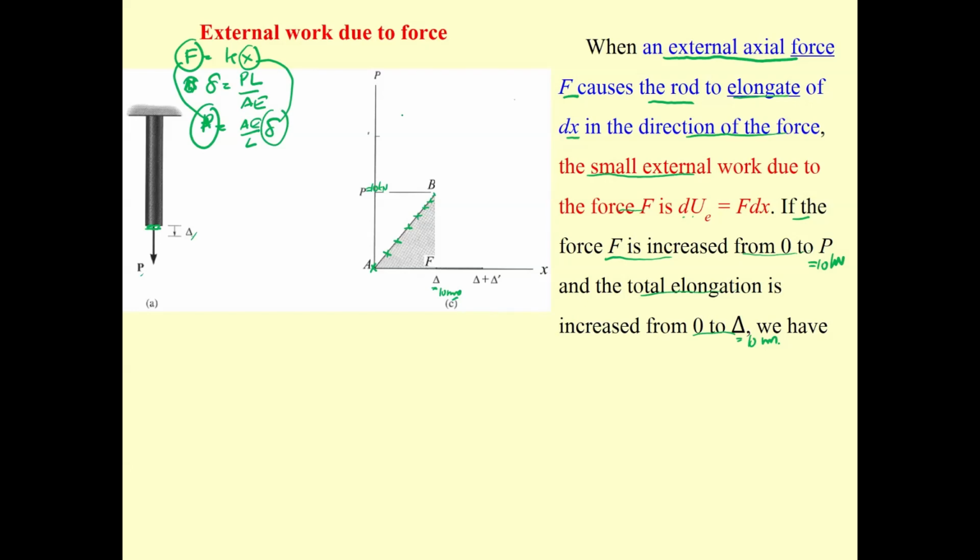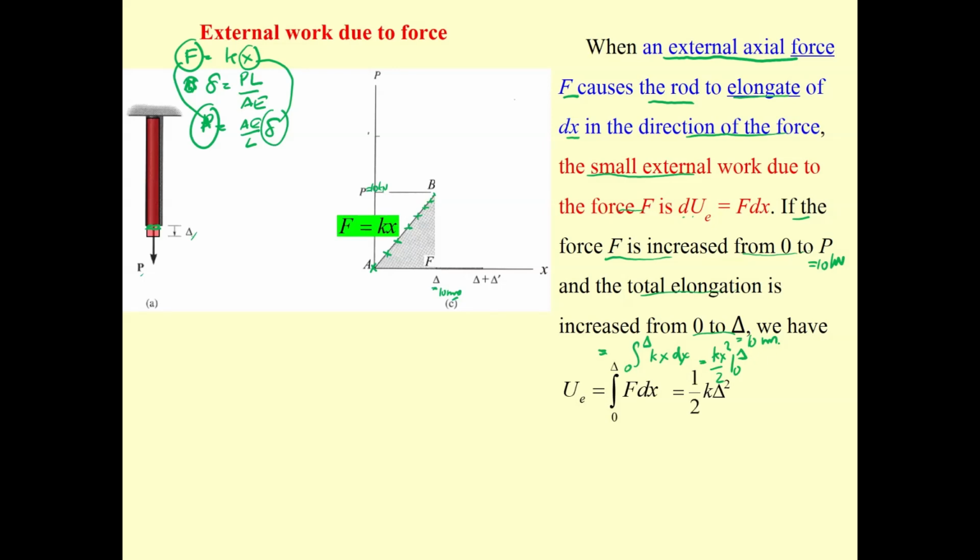Okay, so based upon that, for a typical one, F equal to Kx. Now this is going to be the integration from 0 to delta of Kx dx. If you do the integration, it's going to be Kx squared over 2 from 0 to delta.